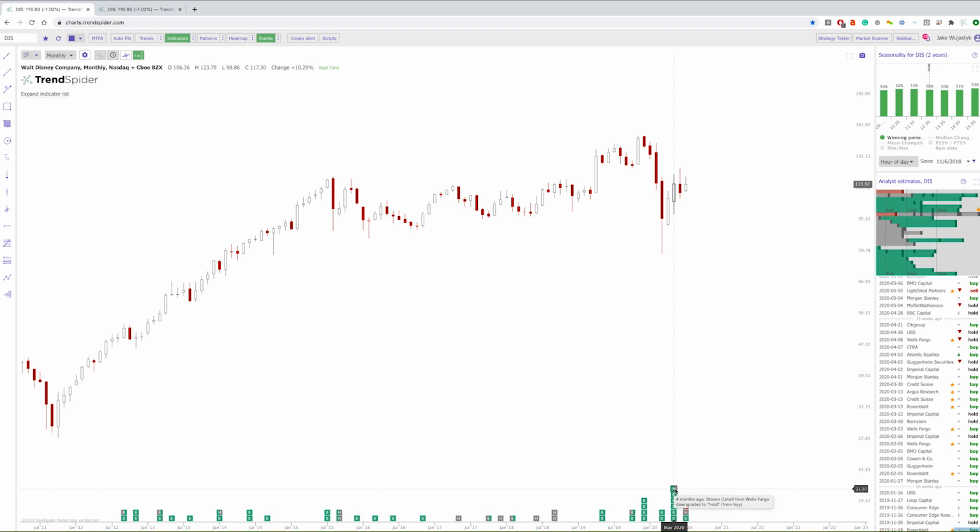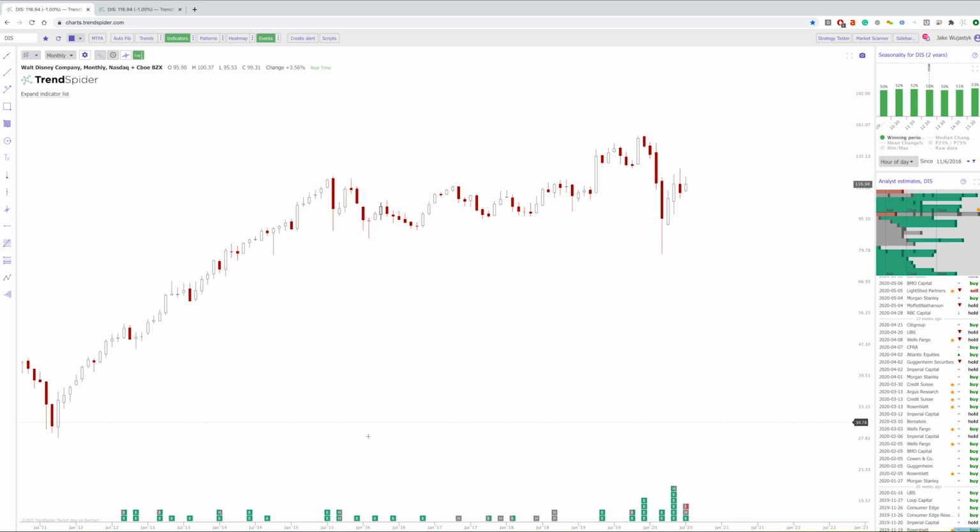So you can see over time, in this particular case, these analysts who came out with these buy ratings were right on the money. You can see how the price went up. Now in this case, notice that in July of 2015, JP Morgan confirmed a buy, and you can see this pop up on the screen right below my mouse. And then what happens after that? Within the next year or two, Disney drops significantly.